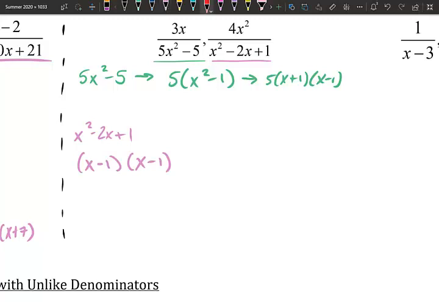Now let's do our common denominator. So let's see, do they have anything in common? They do. They share one x minus 1. They only share one of them. They only share one pair. So we cancel those out. We have x minus 1. What we have left over is x plus 1.